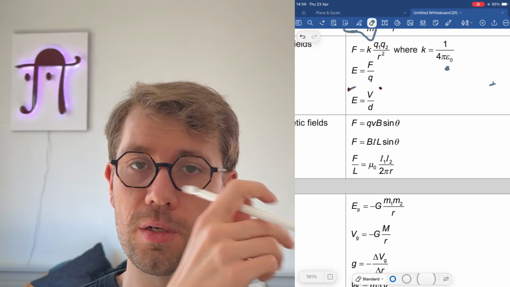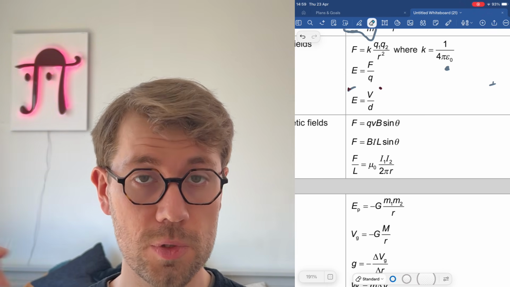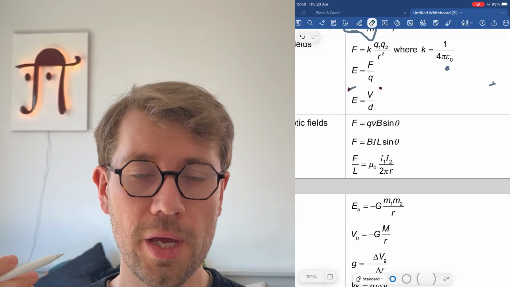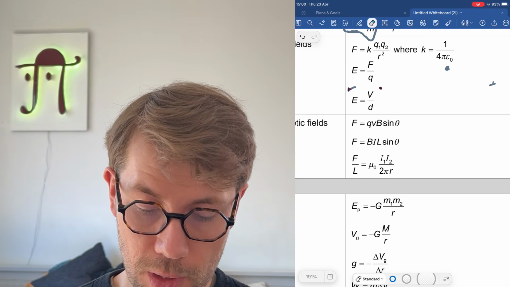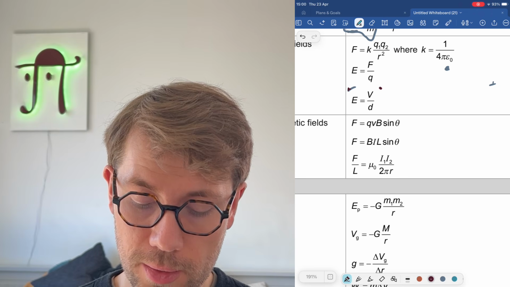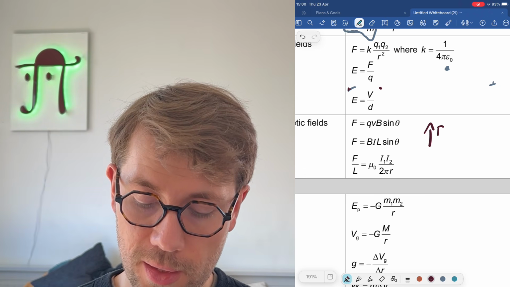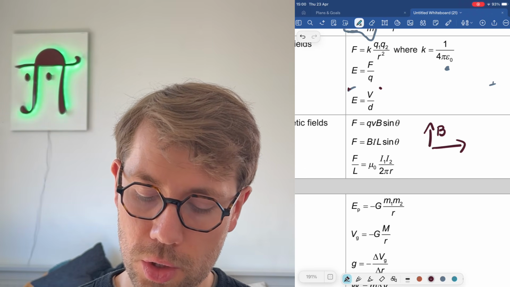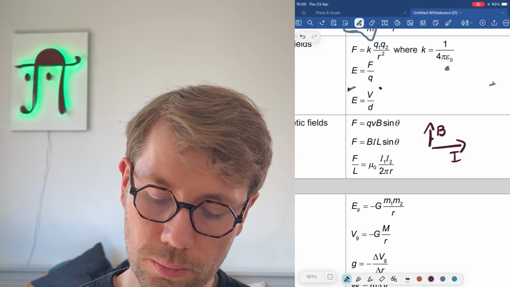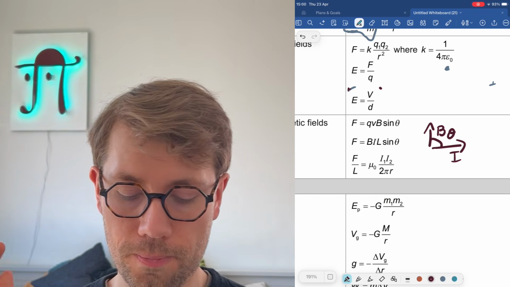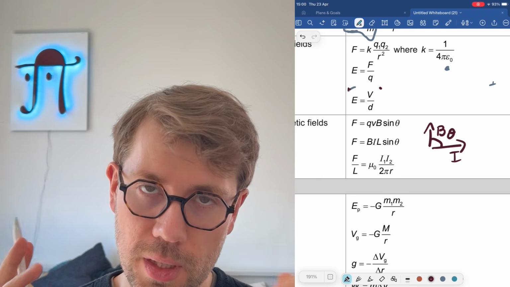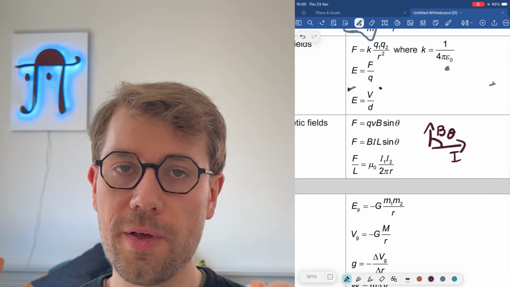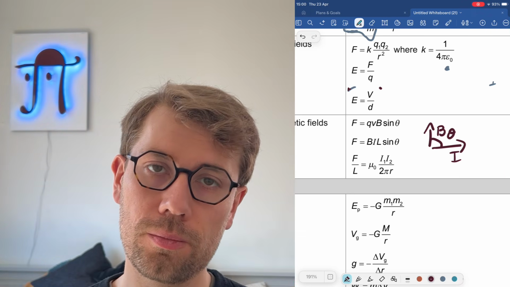Current can go positive or negative, it can go one way or the other, so that's a vector. A magnetic field, again, we always put arrows on it, so that's a vector. So theta is going to be the angle between the magnetic field and the current. Again, when theta is 90, sine 90 will be equal to 1, and that's when we'll have our maximum force.